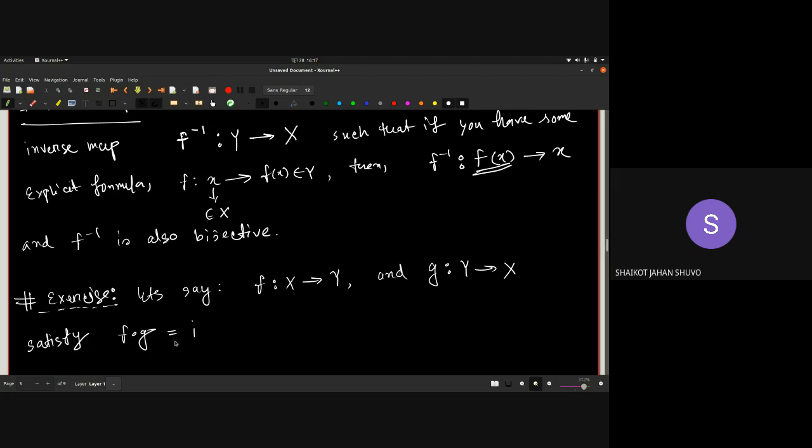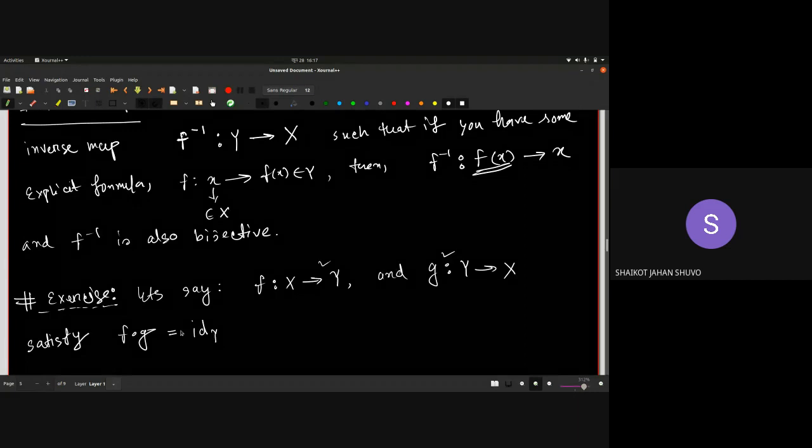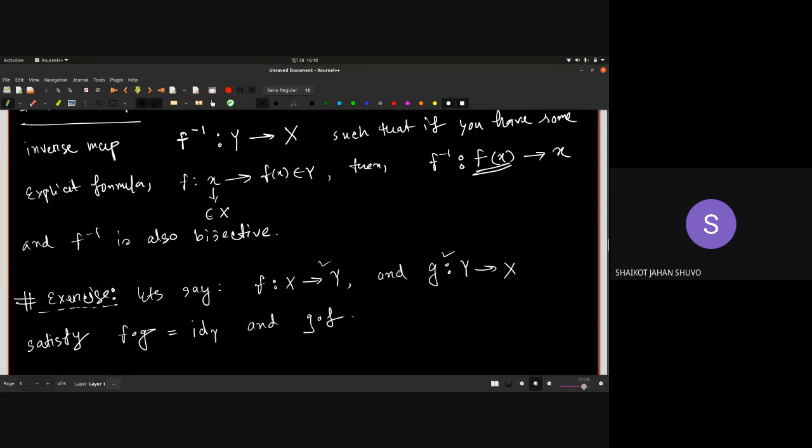Can anyone tell me, if I write this as an identity, on which set does this identity belong to? This composite f of g, where f is this and g is this. Why? Yeah, good. Y. f of g is the identity of y and g of f is equal to identity of x.